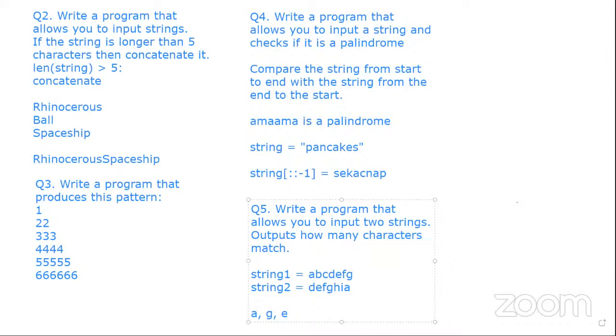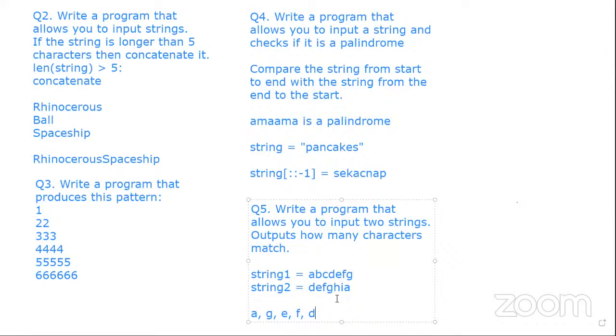And F is a matching character. Oh, as well as D. I think that's all of it. Oh, and I think there's also, wait. Yeah, I think we found all the matching characters. Now you can correct me if I'm wrong, but I think we did.